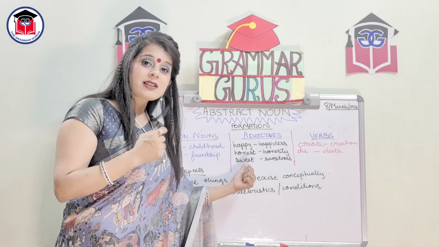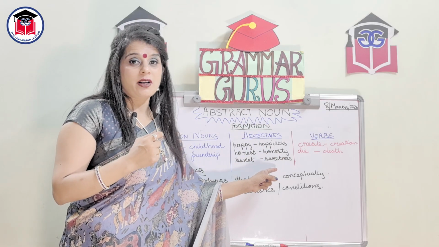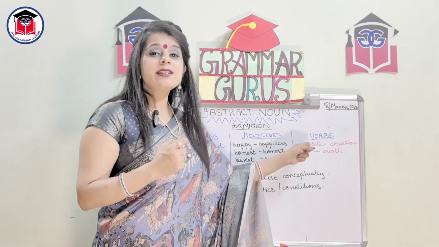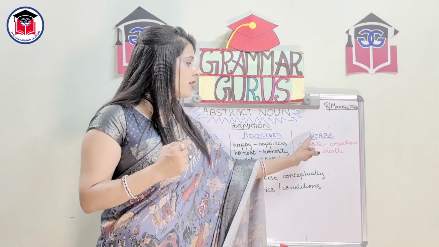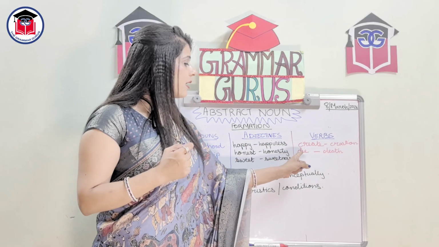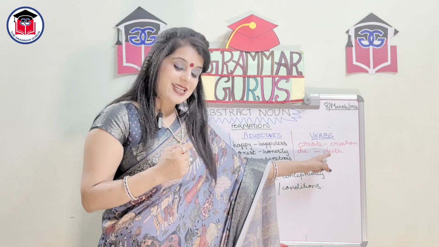Hence, sweet is an adjective, but sweetness is an abstract noun. Moving ahead, verbs. Create is a verb, it is an action word. The corresponding abstract noun is creation. Similarly, die is a verb, the corresponding abstract noun is death.